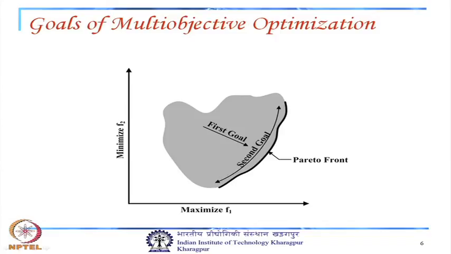One objective is spreading of the final solutions in these two directions, and the first goal is movement of solutions, and the final front should almost coincide with our Pareto front, or be nearing our Pareto front.